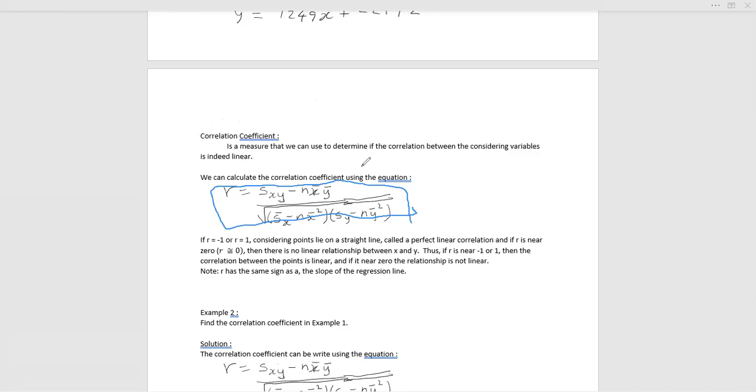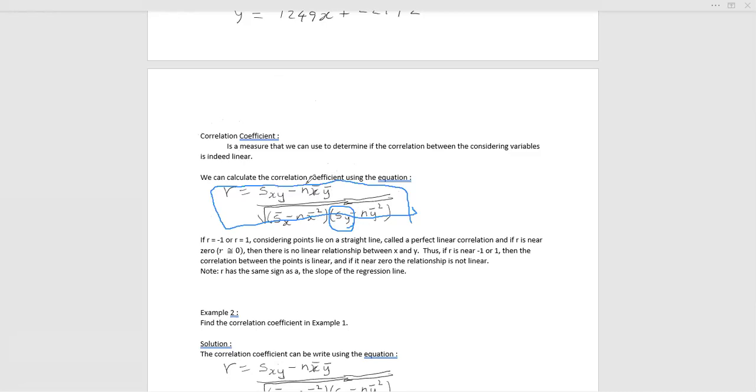You see this SY bar here. We calculated that before. In fact, we calculated everything. I told you when we calculated A for the regression line, this SY we did not use there.